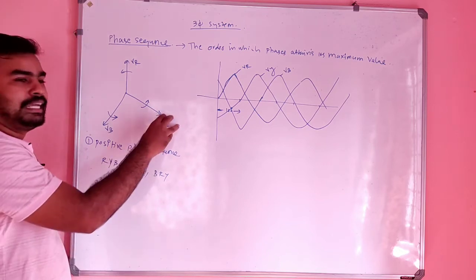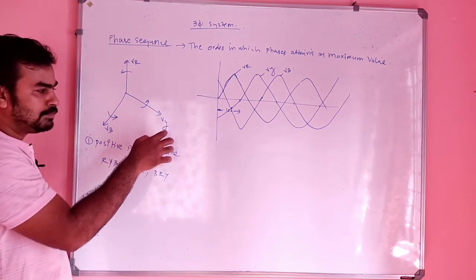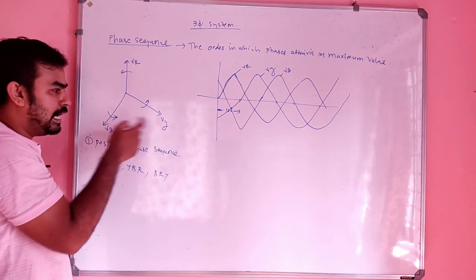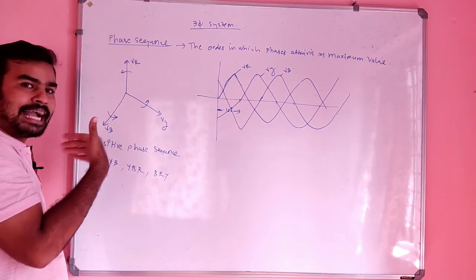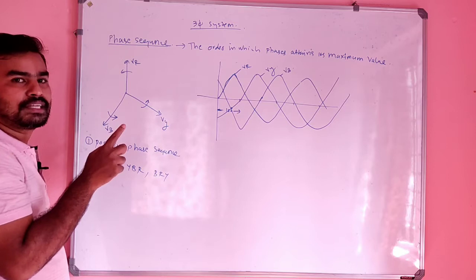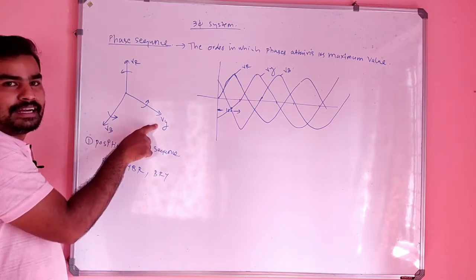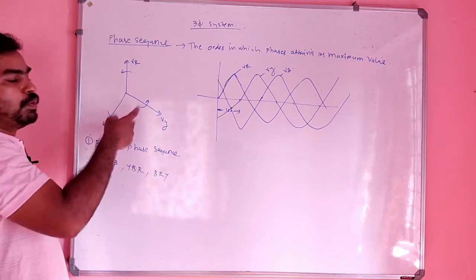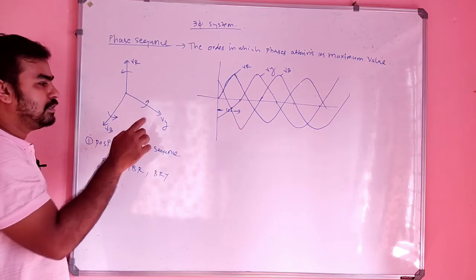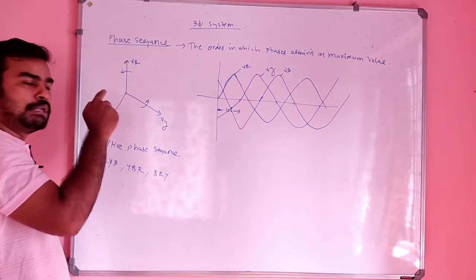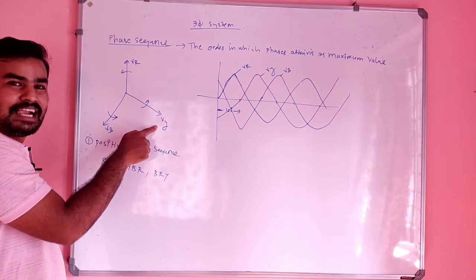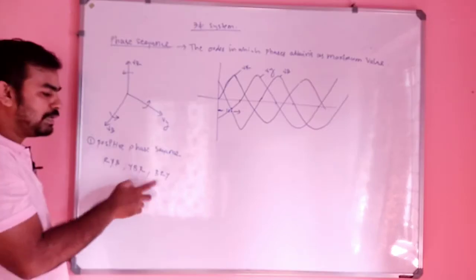Suppose you took Y as a reference, first vector Y. If you turn the back vector in anti-clockwise direction once, this will attain here. So it will be YB. Once more, if you turn the phasors or vectors in anti-clockwise direction, this R will come here, right? So YBR.